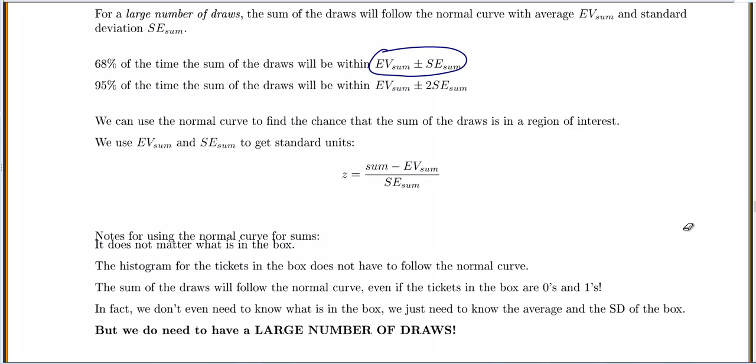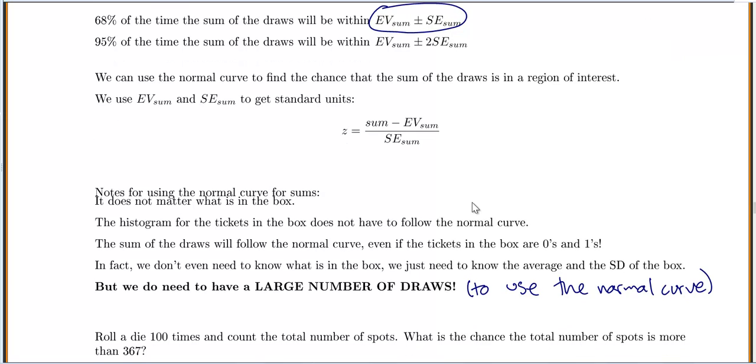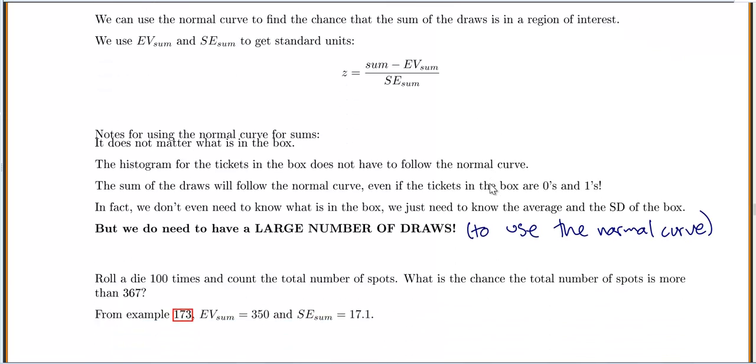But to use the normal curve, you do need to have a large number of draws. Our rule of thumb is that you should have at least 25 or 30 draws. So once again, in order to use the normal curve, you have to have a large number of draws.